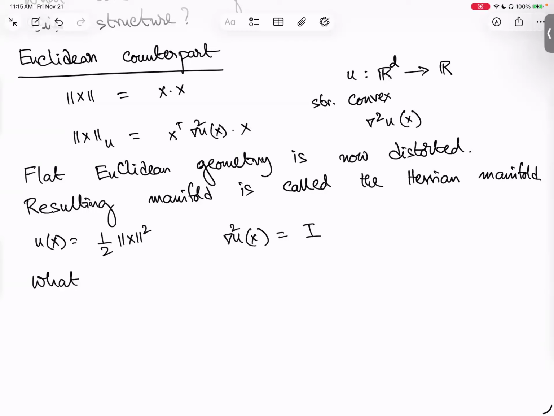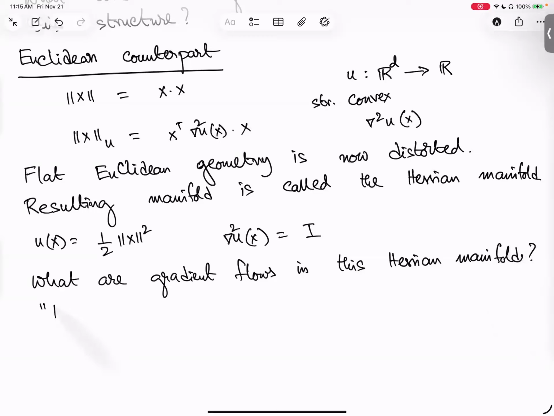So let's ask the question: what are gradient flows in this Hessian manifold? In optimization language, these are called mirror coordinates and mirror gradient flows.